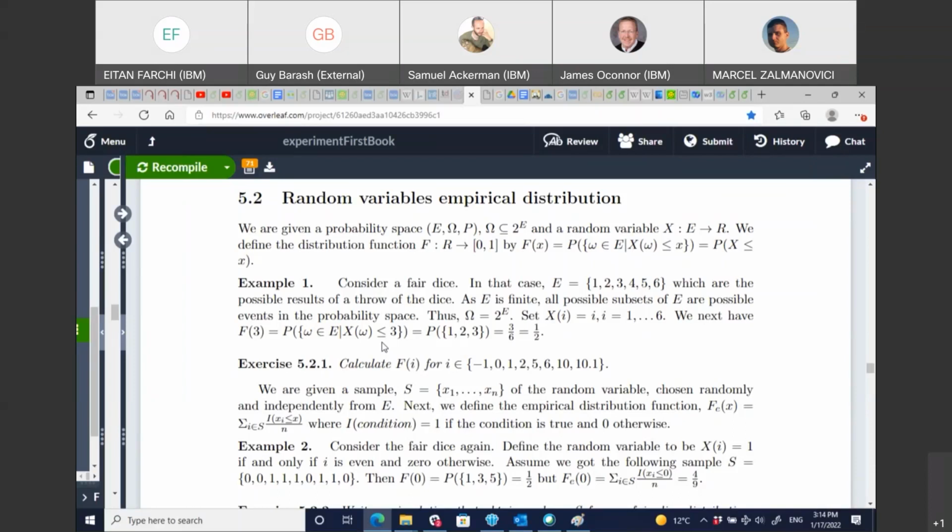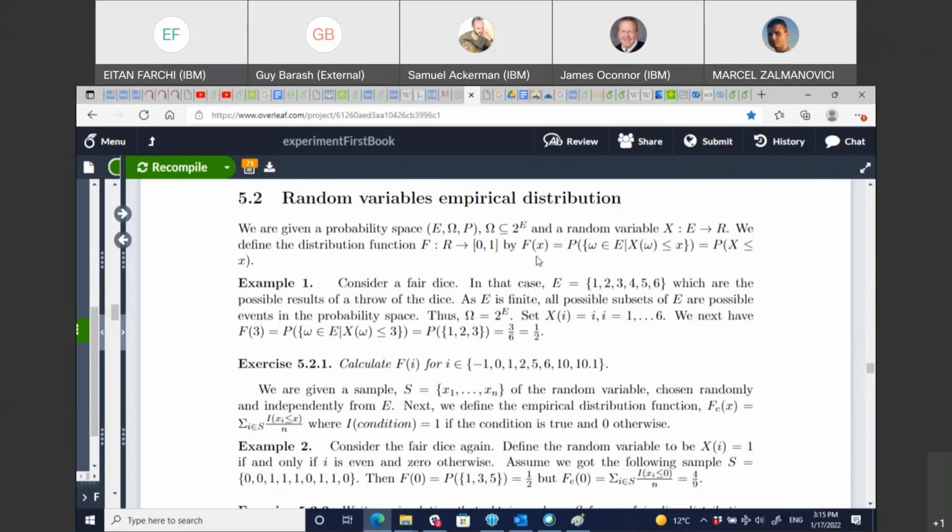So, Eitan. Yes. Sorry, I just wanted to point out, and I know you said this a few times, but the distribution function is the probability of being less than or equal to, not the probability of being the value. That's right. It's not the density function itself. It's the sum or the integration, or in this case, it's a discrete variable. Yes.